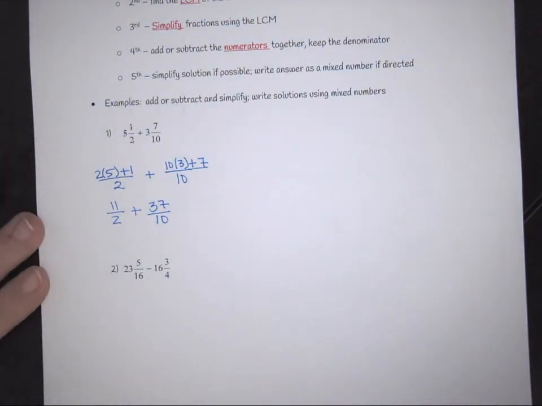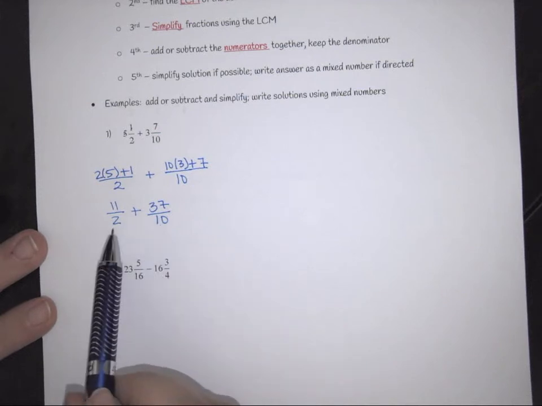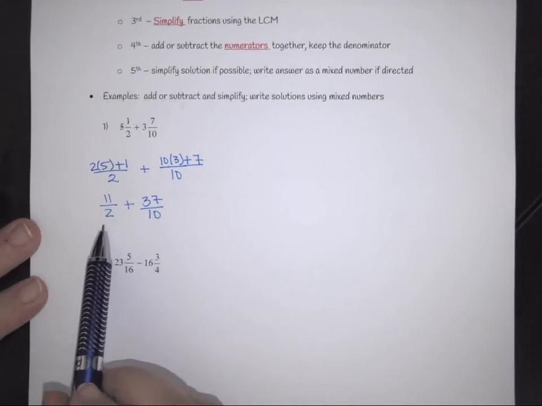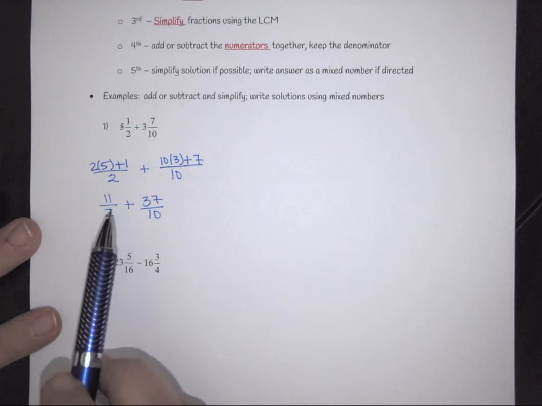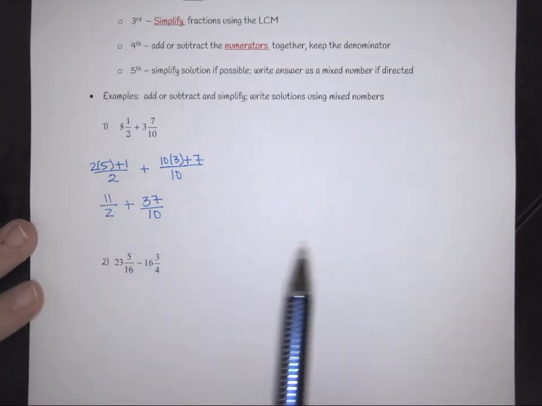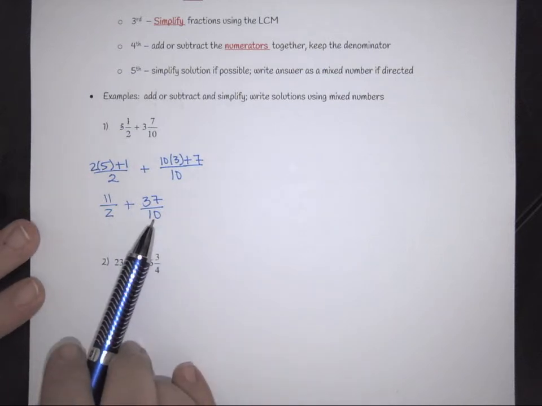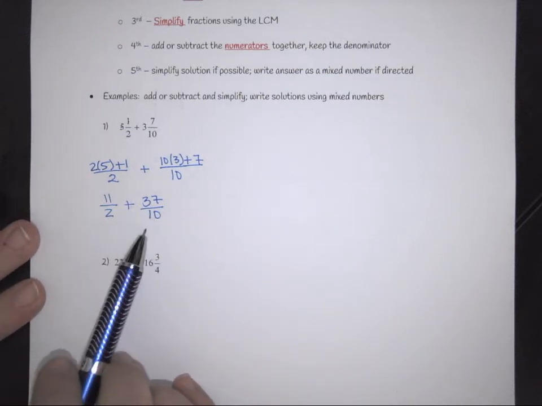So in order to combine them, I have to find the least common multiple between 2 and 10. Well, I could divide them out by primes, but one way I can actually do it is if I know for a fact that one denominator will go into the other, then I'm basically done. And I know 2 will go into 10 nicely, and it goes in there 5 times.